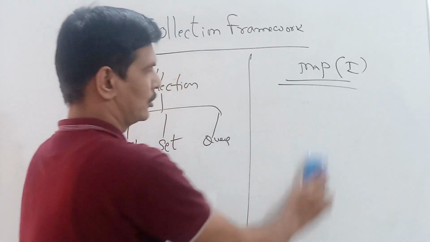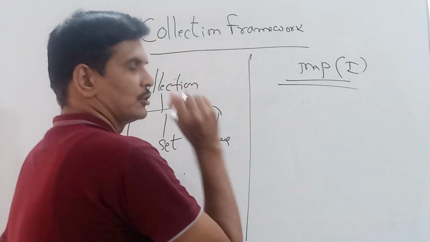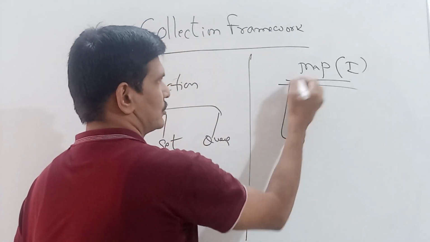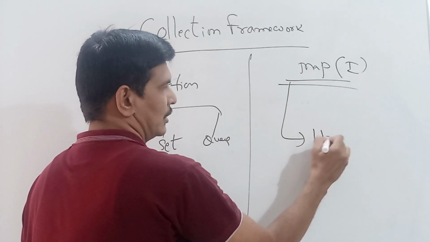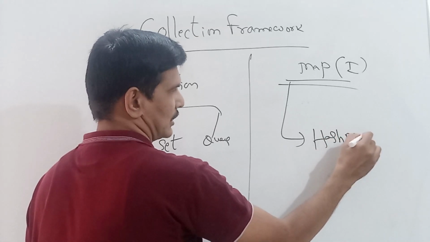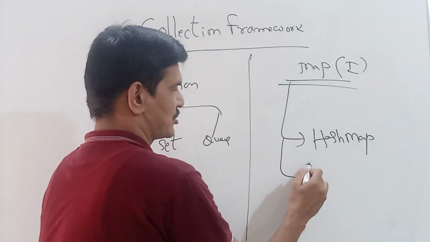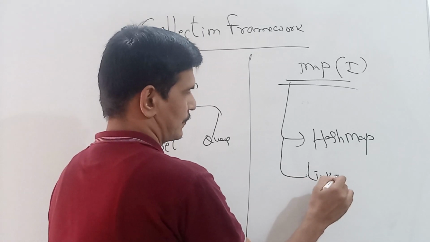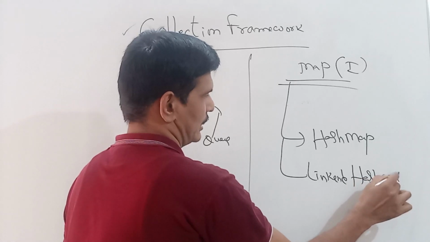The map interface is also implemented by using different classes. It is implemented by HashMap, which is a class, and also by LinkedHashMap.